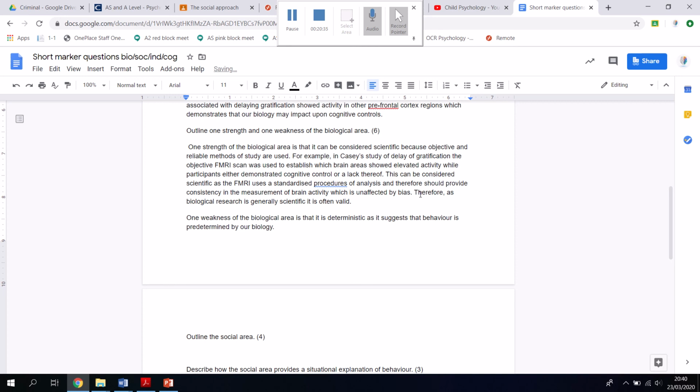Okay, so there we go. Again, I've given a point. It's a weakness that it's deterministic. I've given a reason because it's predetermined by our biology. Then I need to give an example, and then I'll need to expand upon that.